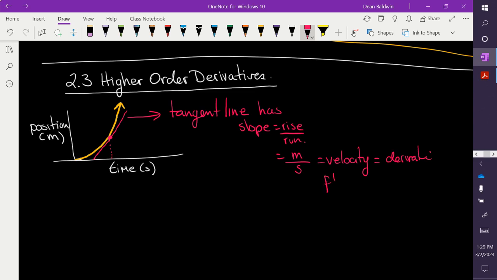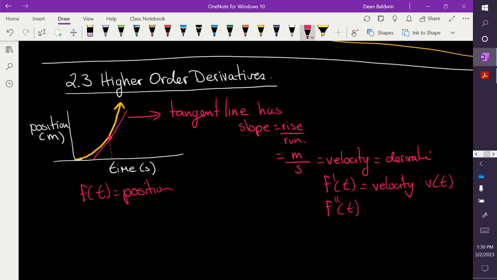So therefore, f prime, in this case it would be t for time, is equal to the velocity function. The first derivative represents velocity. So we would say v of t. If you do the second derivative of the position function, f is the position function, I guess we should say that. F of t equals the position function. So you take the first derivative of the position function, you get v of t, the velocity.